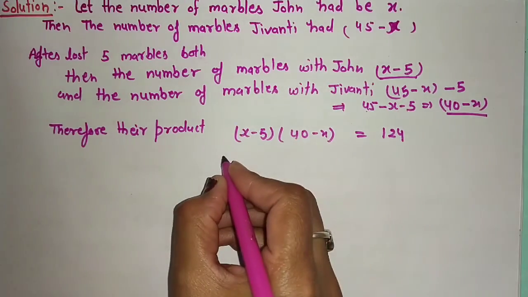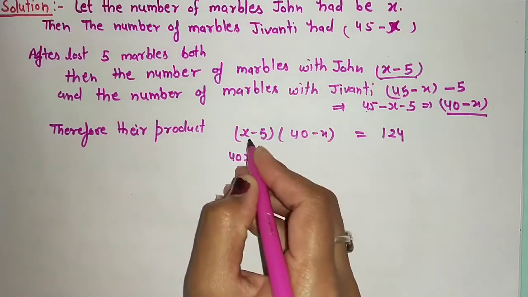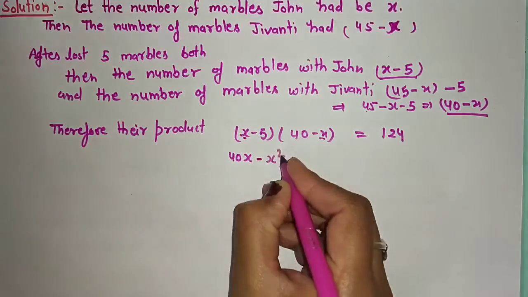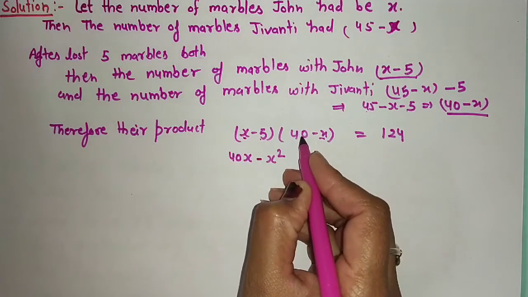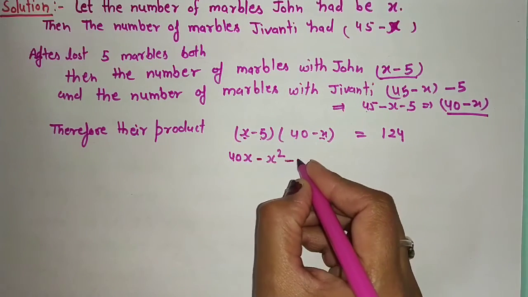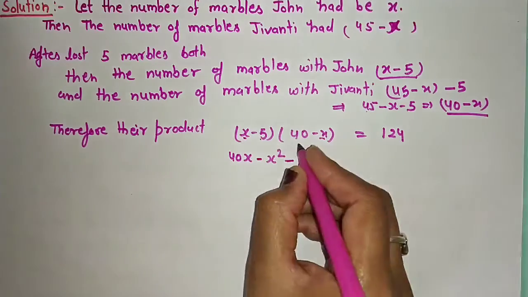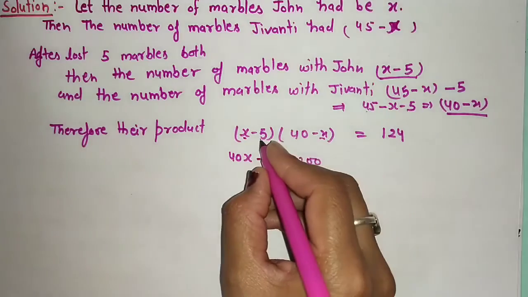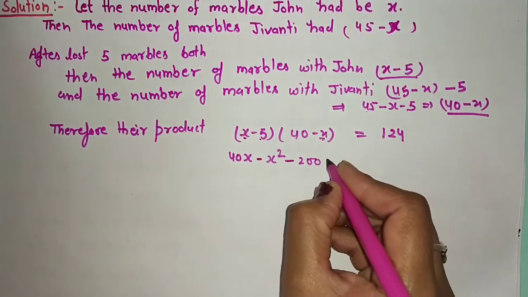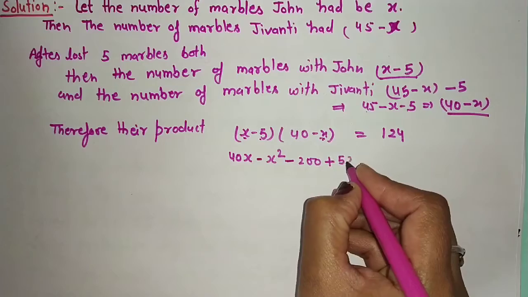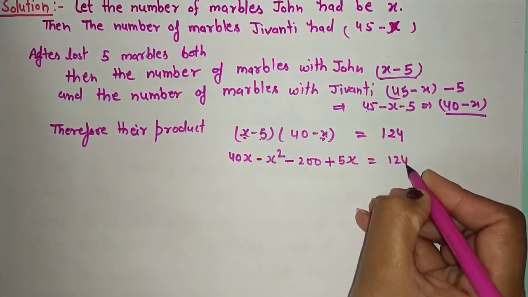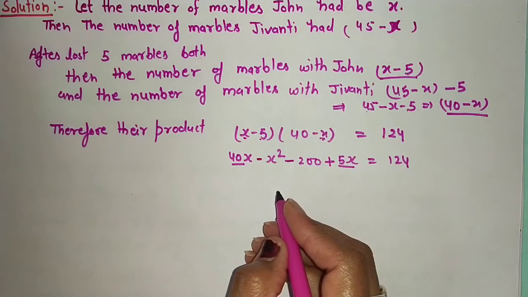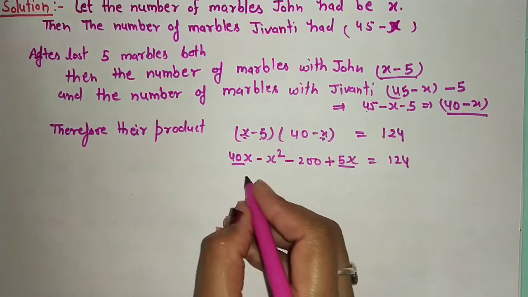x multiply 40 is 40x, and x multiply minus x, we get minus x square. Minus 5 multiply 40, we get minus 200, and minus 5 multiply minus x is plus 5x, equal to 124. 40x and 5x become 45x.